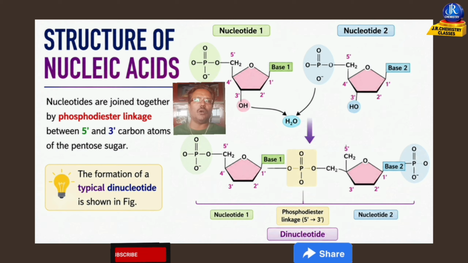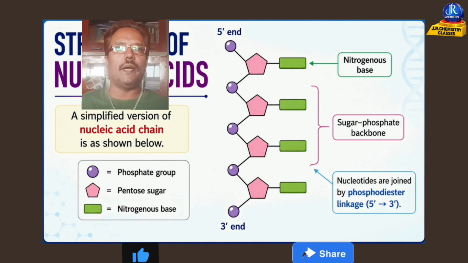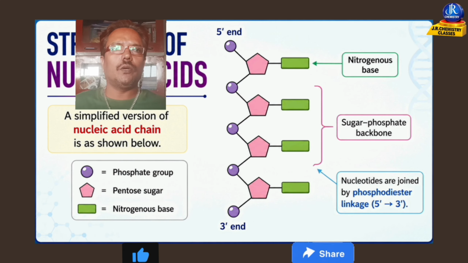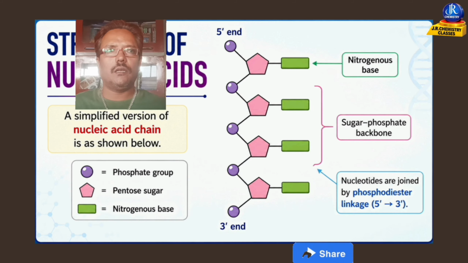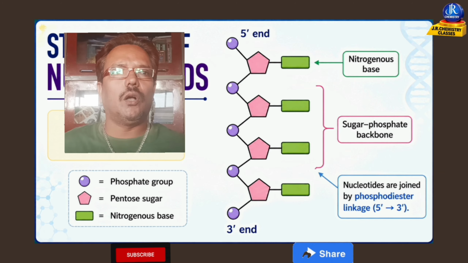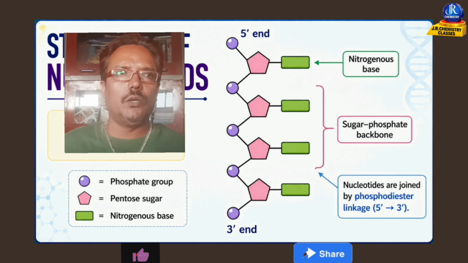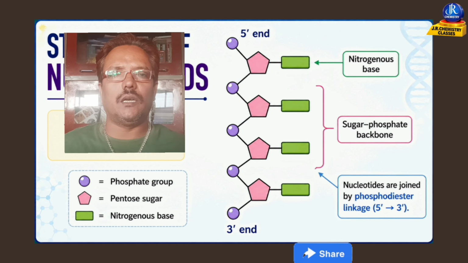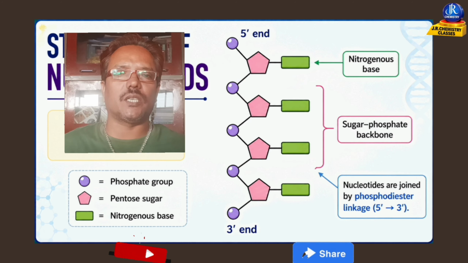The formation of a typical dinucleotide is shown in the figure. A simplified version of nucleic acid chain is shown below. Information regarding the sequence of nucleotides in the chain of a nucleic acid is called its primary structure.